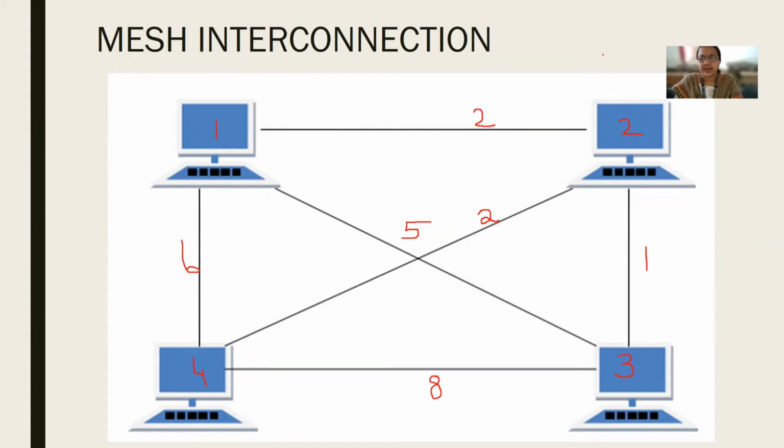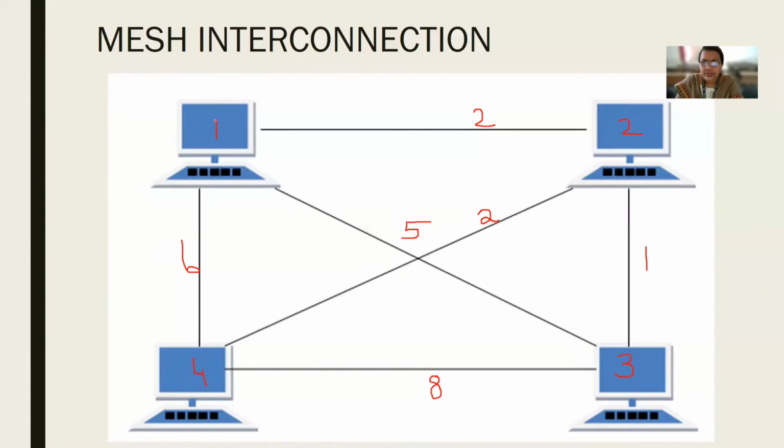There is a distance between the nodes. Children, please see here. Node number 1 to 2, the distance is 2. Node 2 to 3, 1. I just wrote it for your understanding. 3 to 4, 8. And 4 to 1, 6.